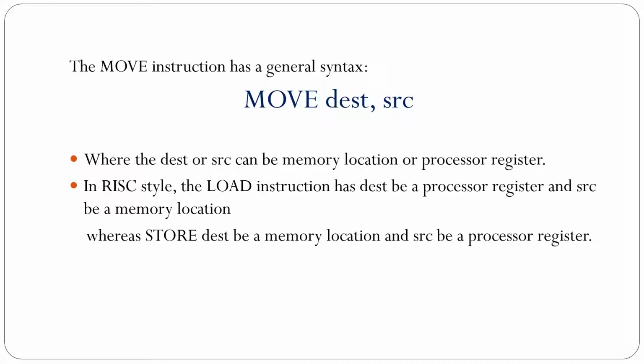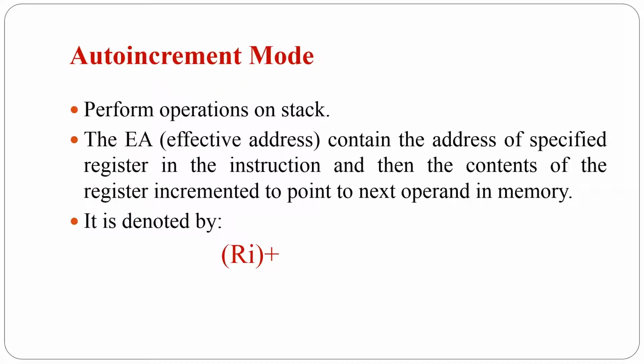This instruction set in CISC has 3 more addressing modes. Autoincrement mode. This addressing mode is generally used to perform operations on stack. The EA or effective address contains the address of the specified register in the instruction, and then the contents of the register are incremented to point to the next operand in memory.